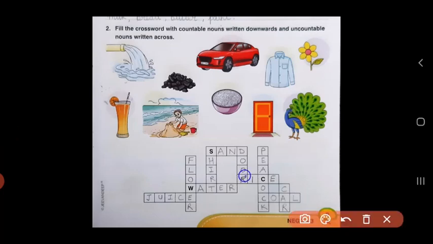Then we move to R, rice. R-I-C-E, rice, which cannot be counted. So it is uncountable. Then we have peacock. Peacock is a bird and can be counted.